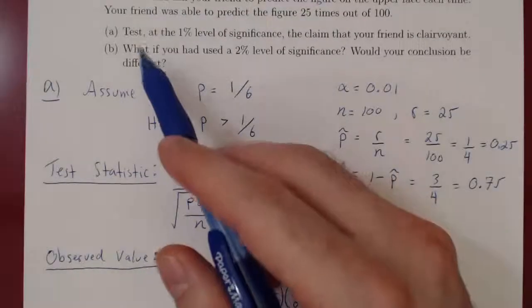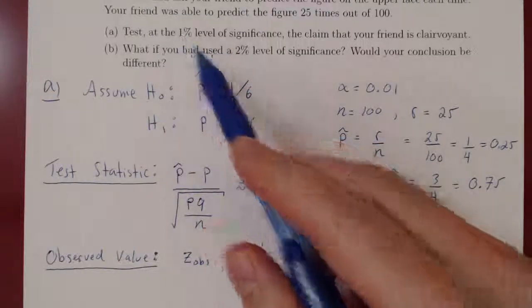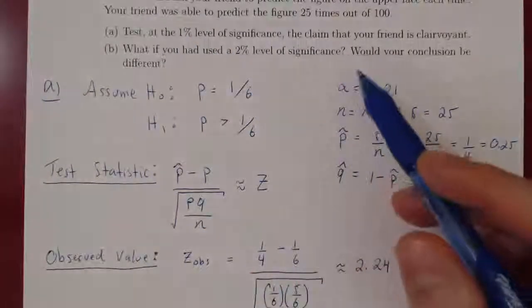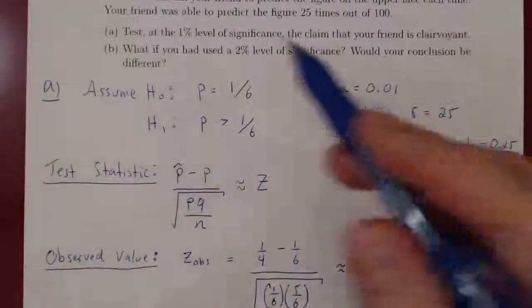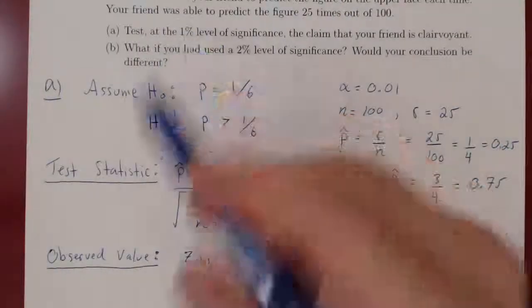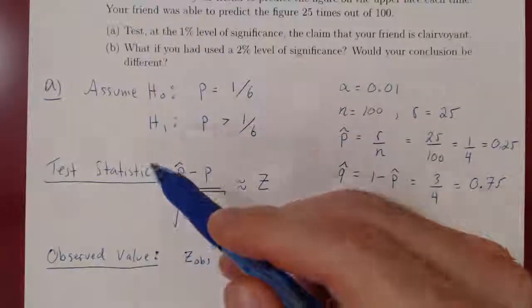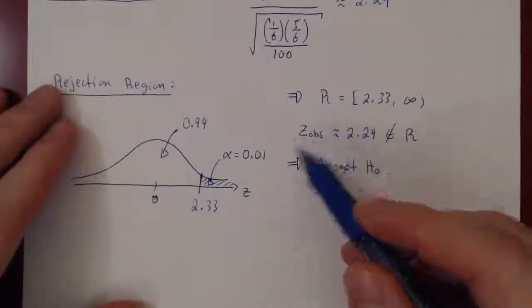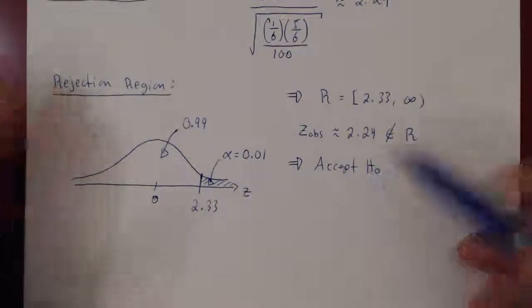We're asking in B, what if we had used, instead of a 1% level of significance, a 2% level of significance? Would your conclusion be different? Well, let's see. In part A, we chose to reject only the larger 1% of values, and our observed z value was not part of the larger 1% of values, so we ended up not rejecting H0.